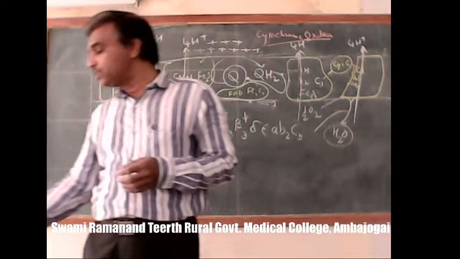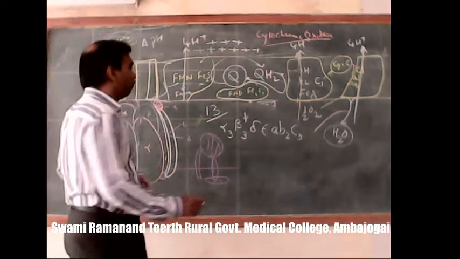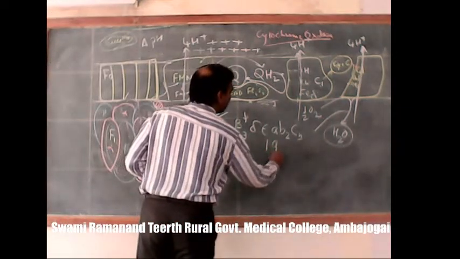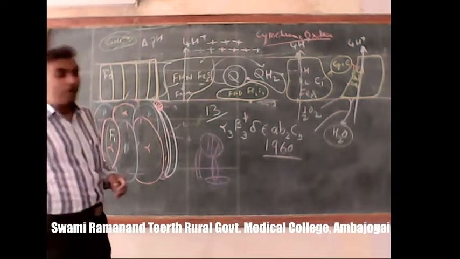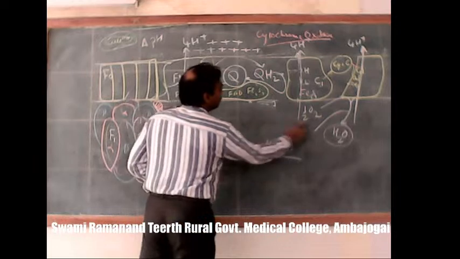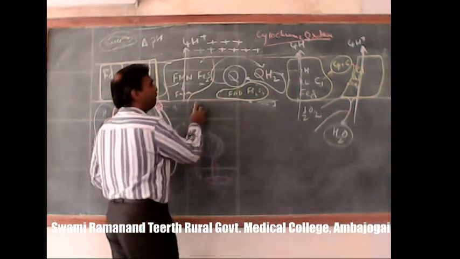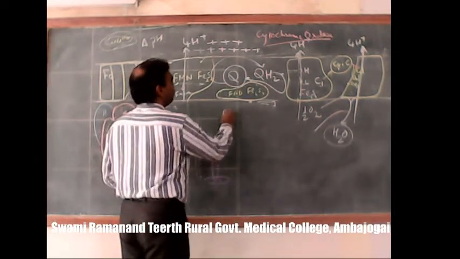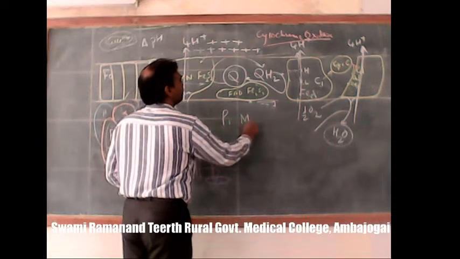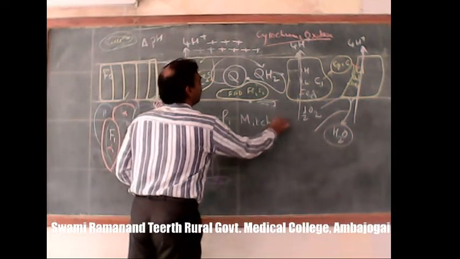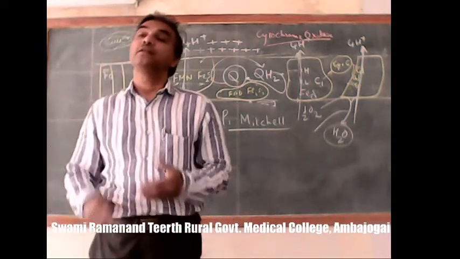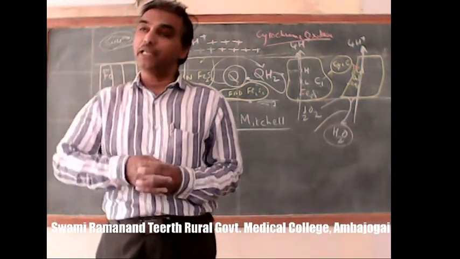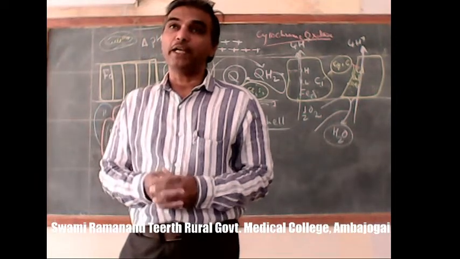And then in 1960, one of the answers to this question was given by a scientist known as Peter Mitchell. In 1960, he put forward the exact theory of synthesis of ATP.